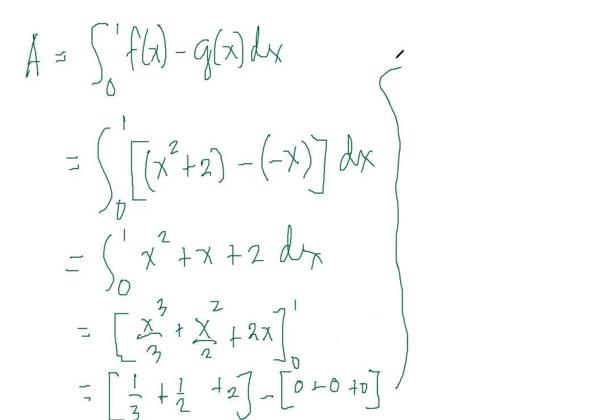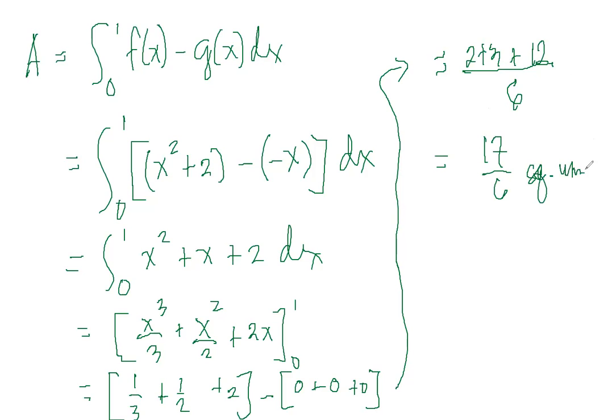Okay, so let's go to the next step. Let's add. The LCM is 6, so this becomes 2 plus 3 plus 12, and this becomes 17 over 6, 17 over 6 square units.